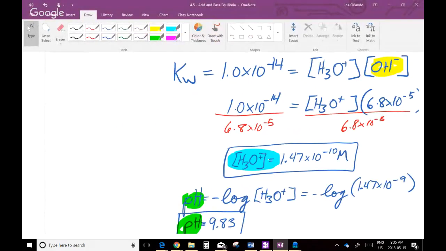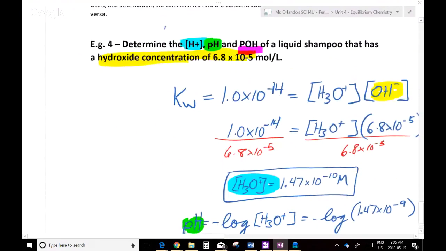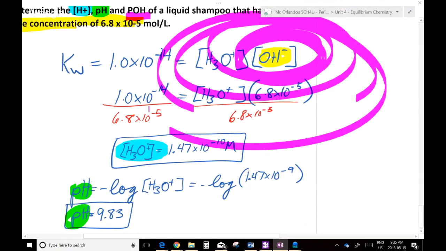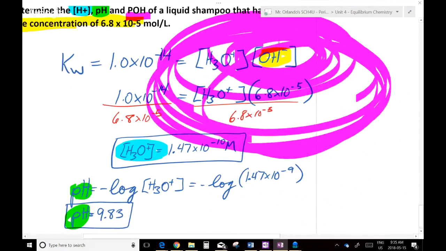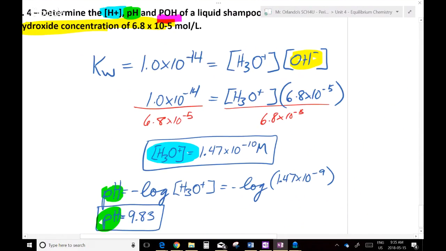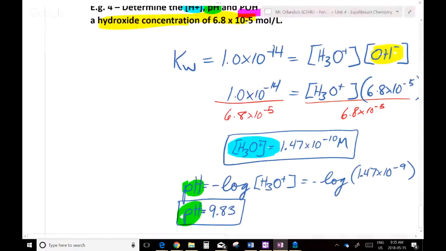This is a new one, I think. Have we talked about pOH before? What do you think it is? If the pH is the negative log of the concentration of H+, pOH is probably going to be pOH. What do we think? pOH is just, if pH is the power of the hydrogen ion, pOH is the power of the hydroxide ion.